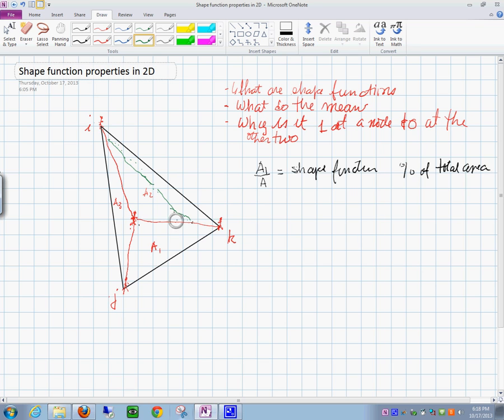It would be like this, and the other one would be like this. So it describes three areas. But do you see this area, how close it is to the big area?